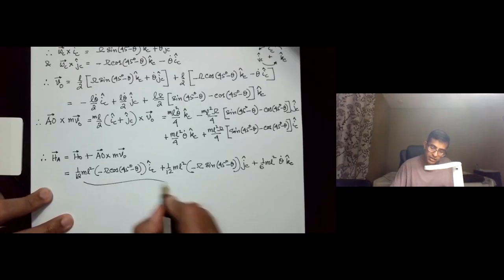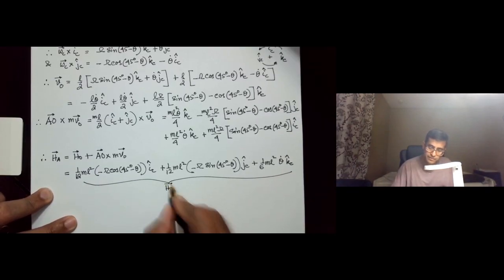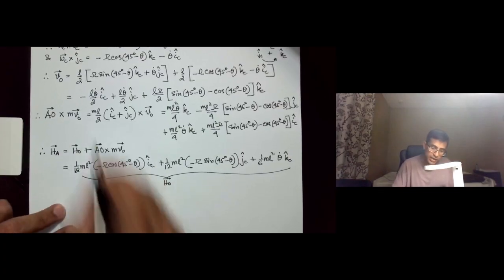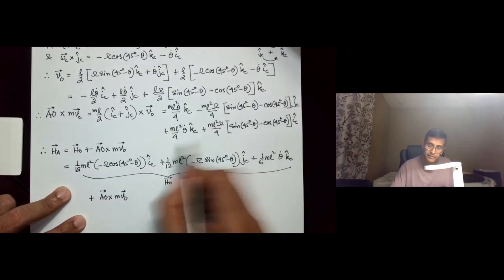So this part is our h of O, and then we add the AO cross MVO, of course, which we have found over here.